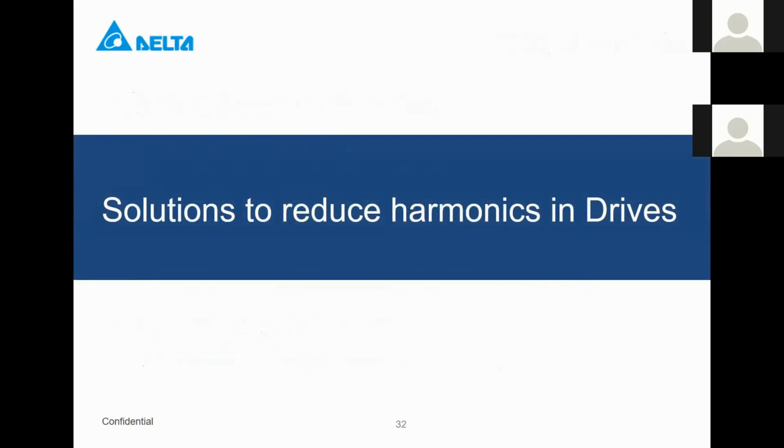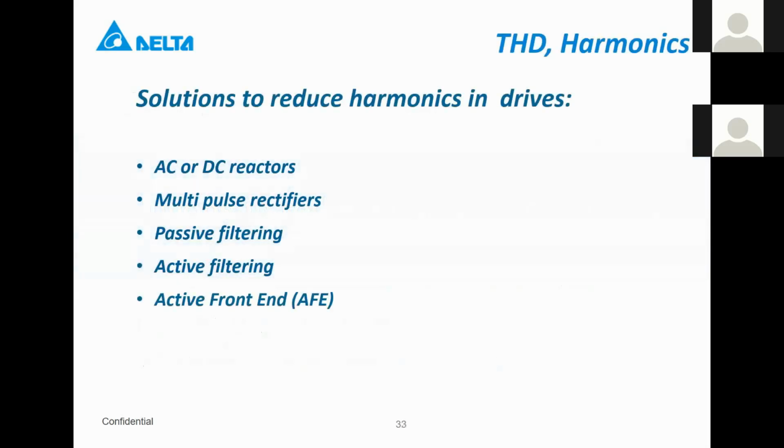Solutions. Of course, there are different kinds of solutions for drives available in the market. What can we do? We have 5 different solutions for reducing the harmonics in drives. You can use AC or DC reactors.